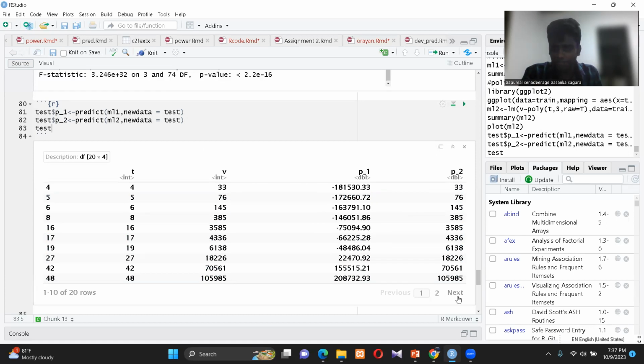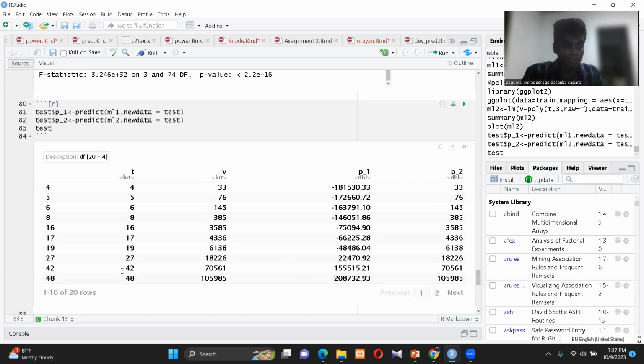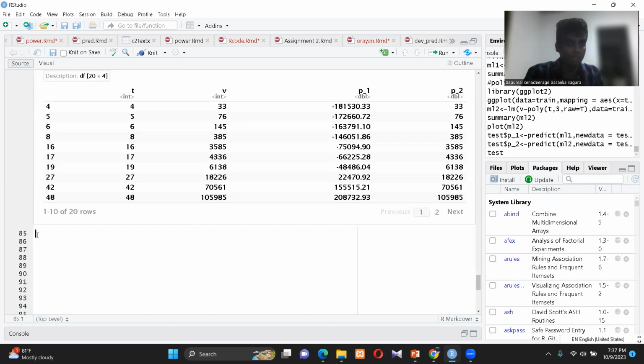But in order to prove this mathematically, I'll show you the computation. How do we compute root mean squared error? Let's make a function, RMSE function.